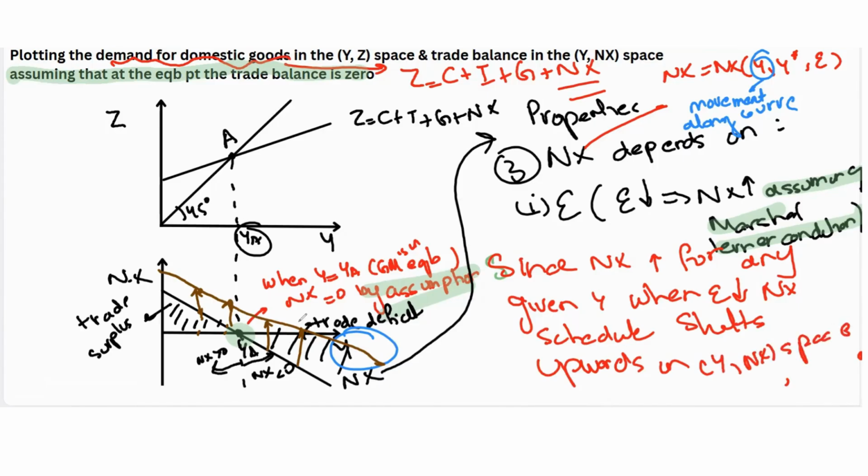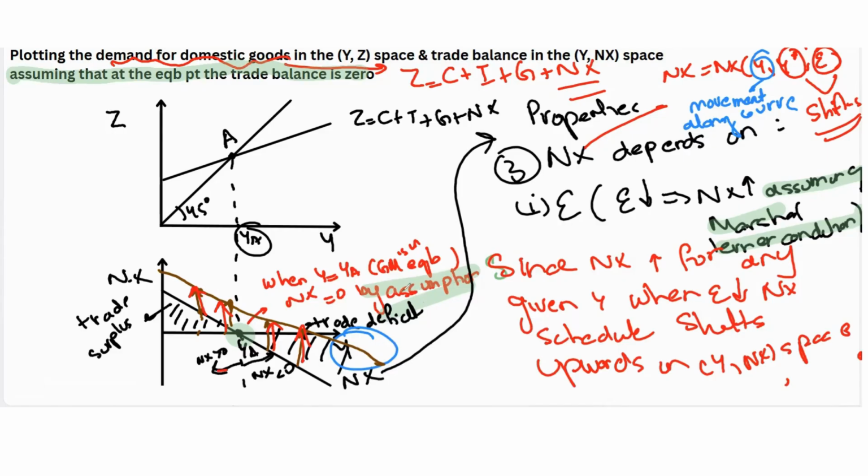Again, the whole idea is this: when the real exchange rate decreases, assuming the Marshall-Lerner condition, net exports are going to increase for any given level of y, so the entire schedule is going to shift upwards. So y only causes movement along the curve, but y star and epsilon cause shifts because they change net exports for any given level of y, so the entire curve shifts.